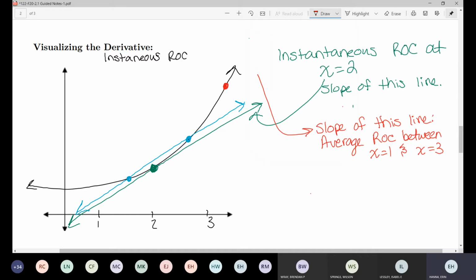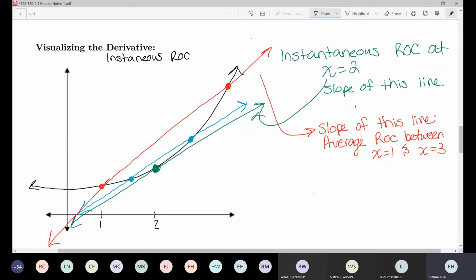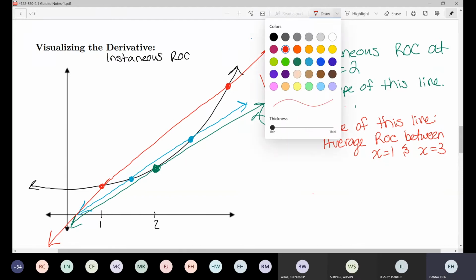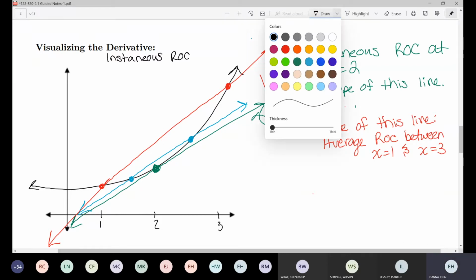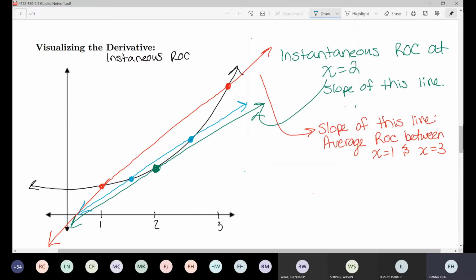I know it's kind of past 3, but to help illustrate what I need to illustrate, I kind of need them to differ a bit more. There we go. That looks better. So let me just move 3 over, and that'll just fix that. Sorry, as drawn, it was just not going to make as much sense as to why we couldn't take that. So now the red line doesn't look parallel to the green line, and that's good.